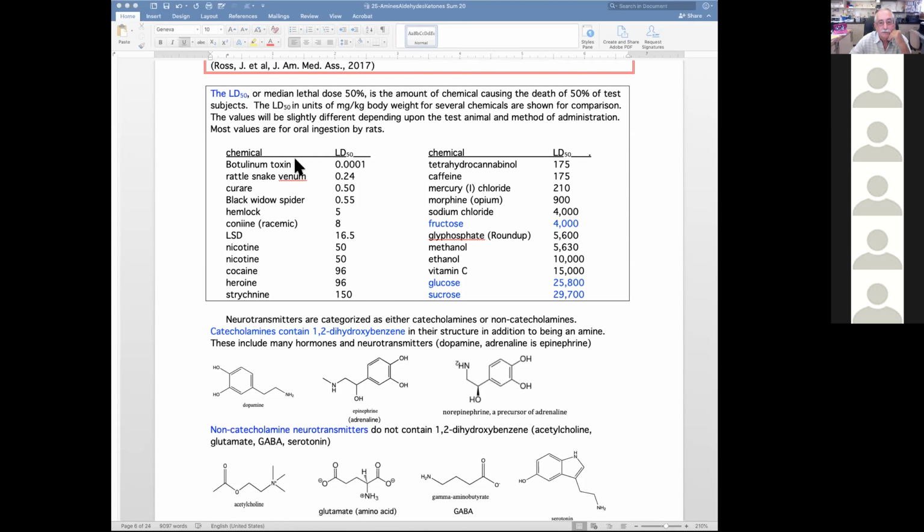Botulism toxin comes from the bacteria, right? Rattlesnake venom, curare, the black widow spider, hemlock, codeine, LSD, nicotine, cocaine. Why is nicotine here twice? I don't know.